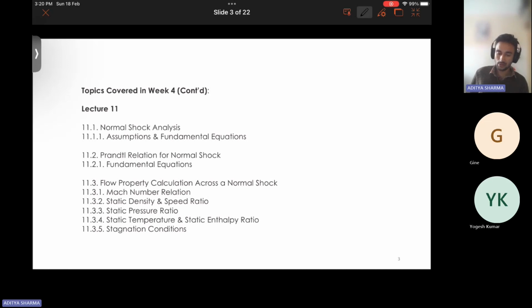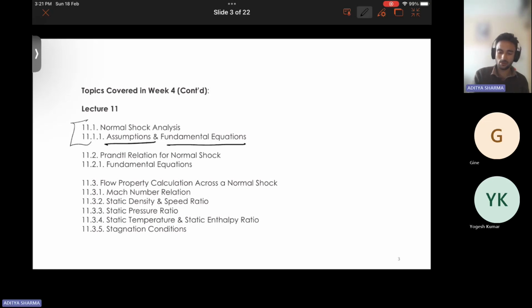This has been introduced in this topic, and this first section is basically the revision of the previous lecture: the assumptions and fundamental equations that were discussed in the last topic of the previous lecture.